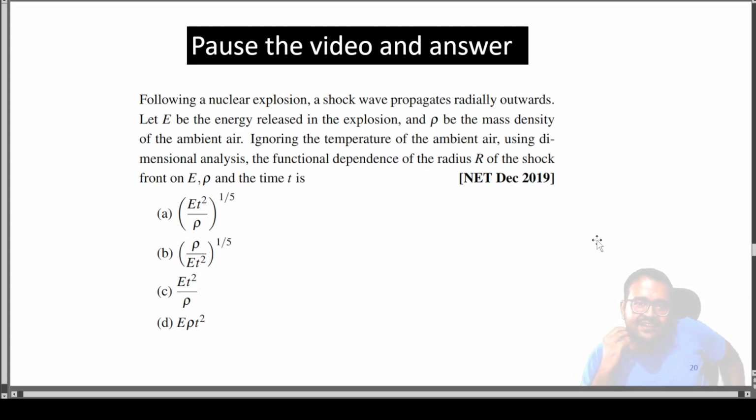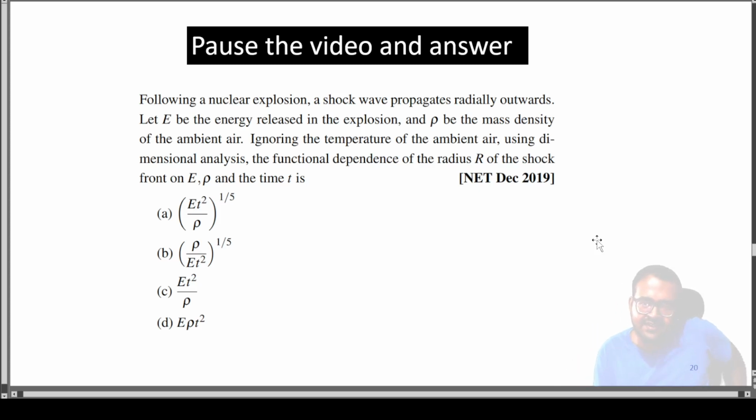If E is the energy released in the explosion and rho is the mass density of the air, so we ignore the temperature of the ambient air. So I need, using dimensional analysis, to find how the radius will depend on E, rho, and t.